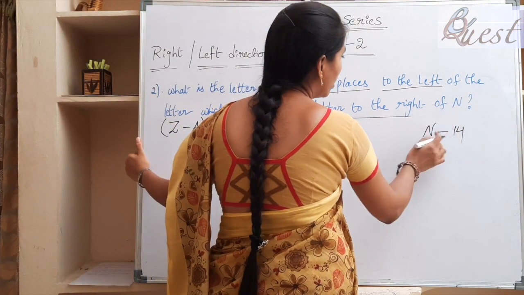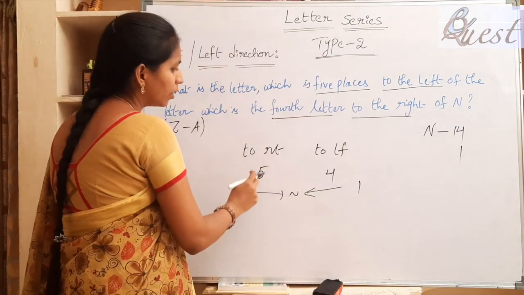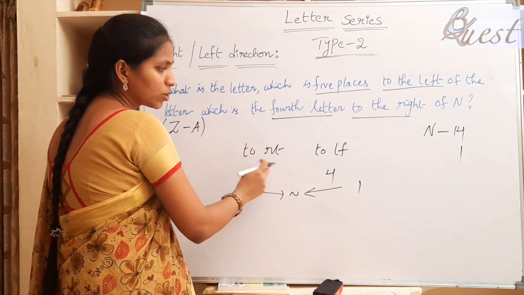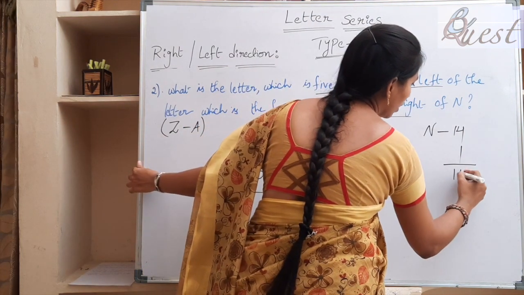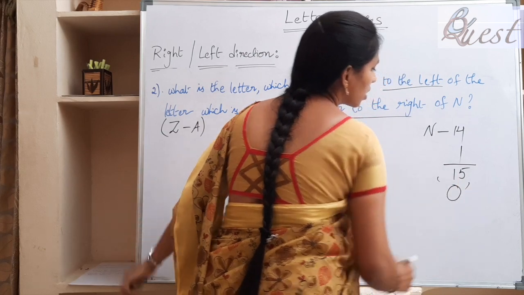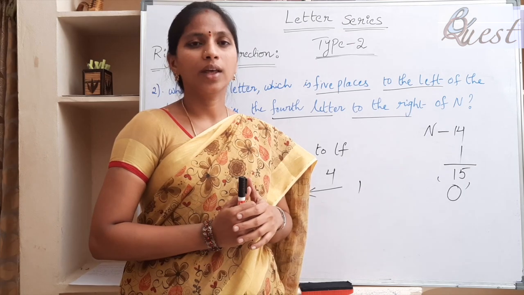Now the given letter is N. N is higher to right, normal order. So take positive, then 14 plus 1 is 15. What is the 15th letter in normal order? O. Answer is O.